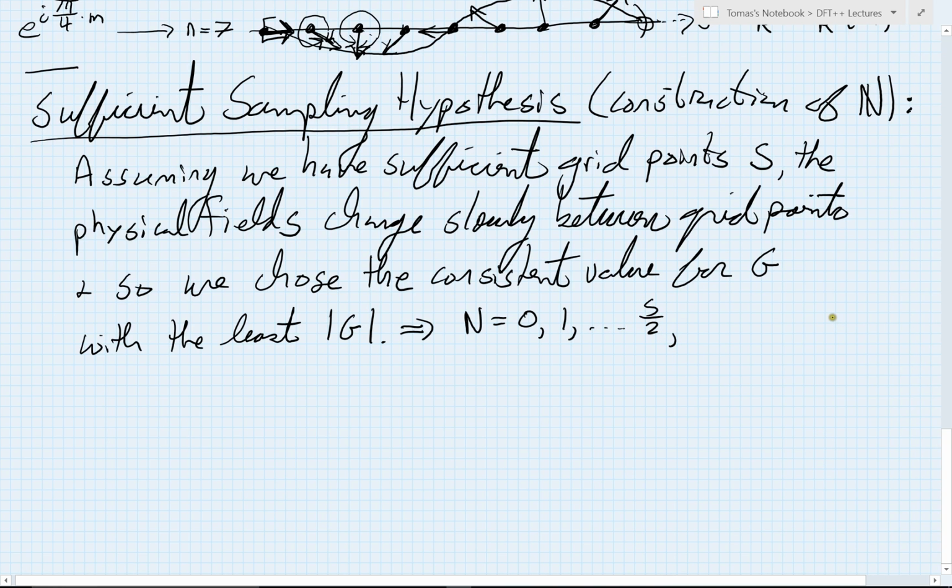Then at the end, it goes from -1, -2, and counts down until we get to the last point. And if you count out the total number of points, it turns out to be minus s over 2 plus 1. And recall, this is the one where we just arbitrarily chose the positive value on s over 2.